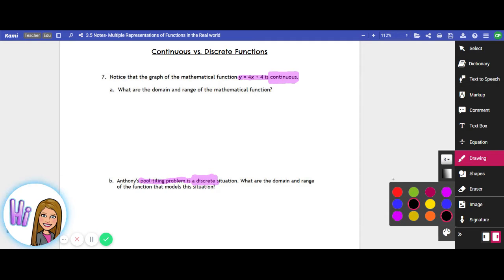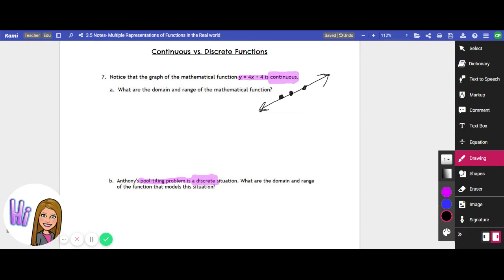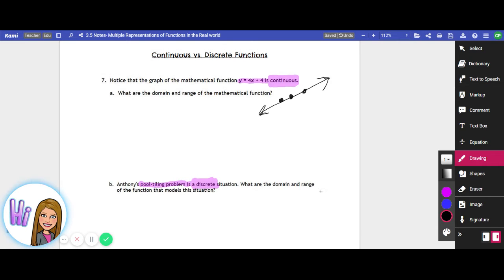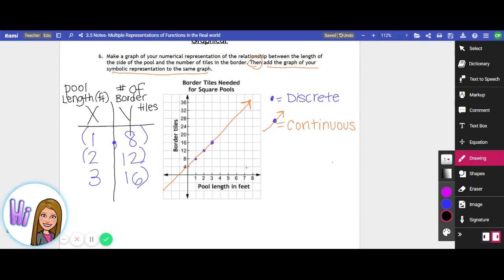They're saying that is continuous because we plotted the points and then we connected them with an arrow. So this arrow goes in both directions. When we look at our graph up here, if we want to talk about our domain, how far does it go to the left and how far can it go to the right?